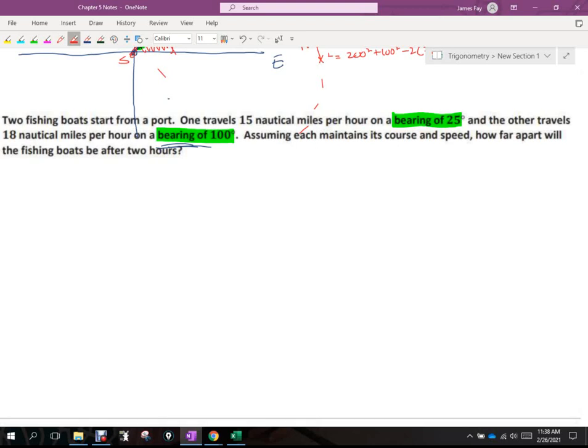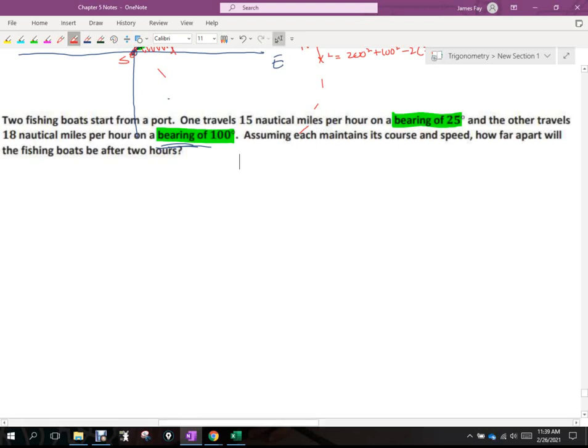On Monday, if I give you one of those, I will make sure the way I present it to you will not be an issue for you completing the problem. Does that make sense? We will attack this again when we get to vectors, and then we'll spend a lot more time on the heading and bearing terminology.